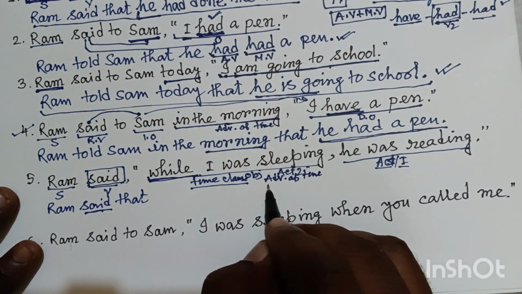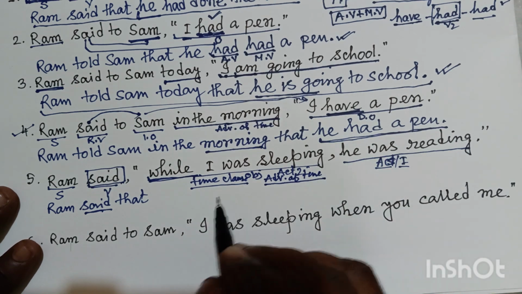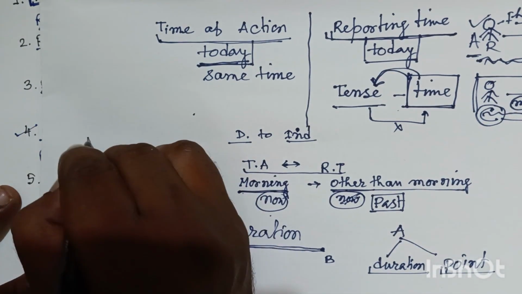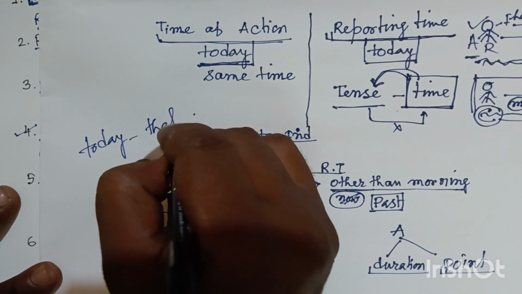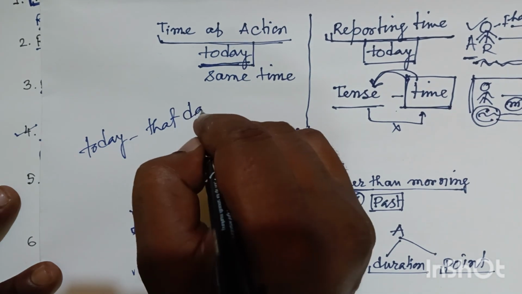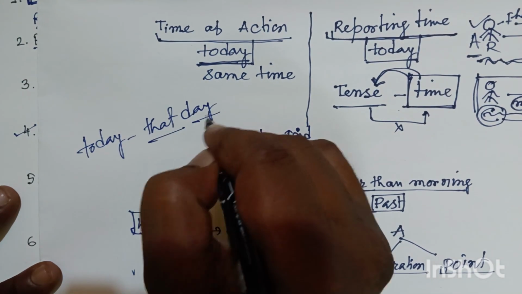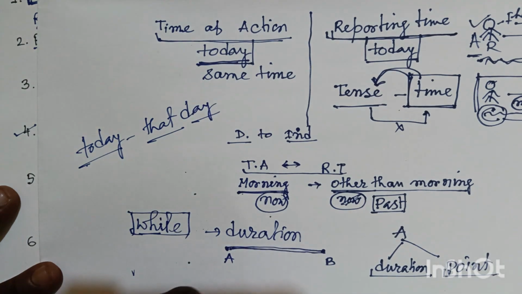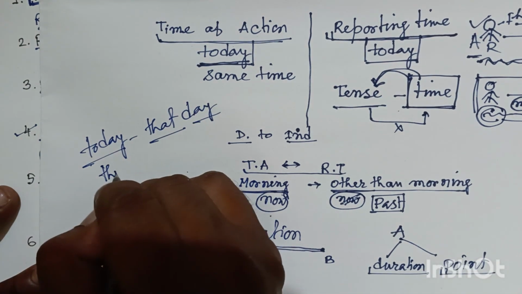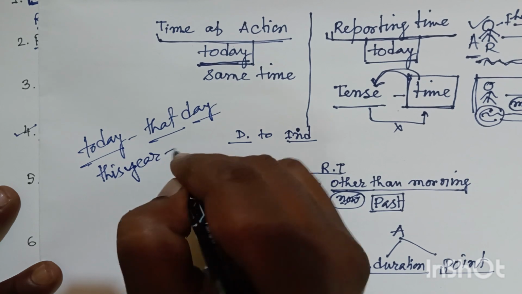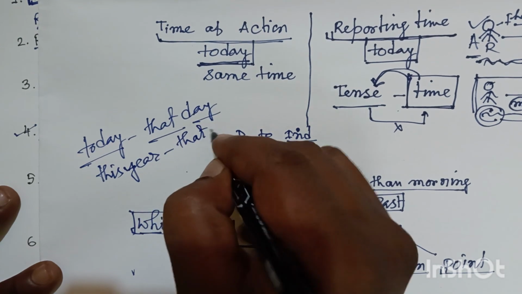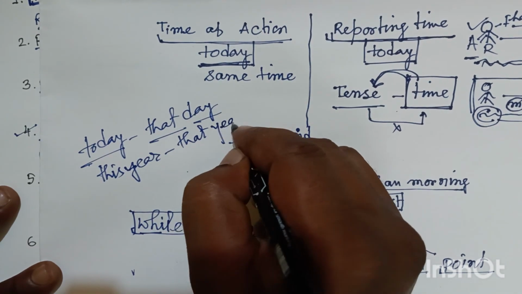Now you know we have to change the adverb of time, just like today, we write that day. This year, we write that year in indirect speech.